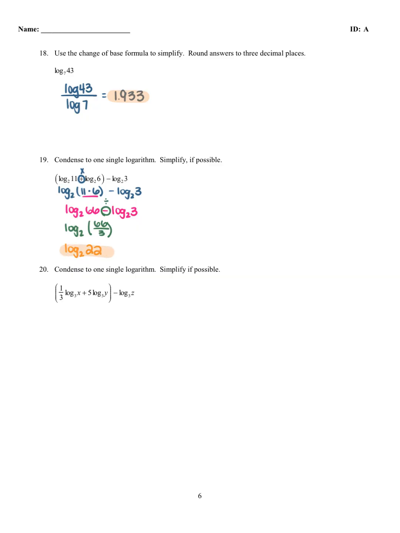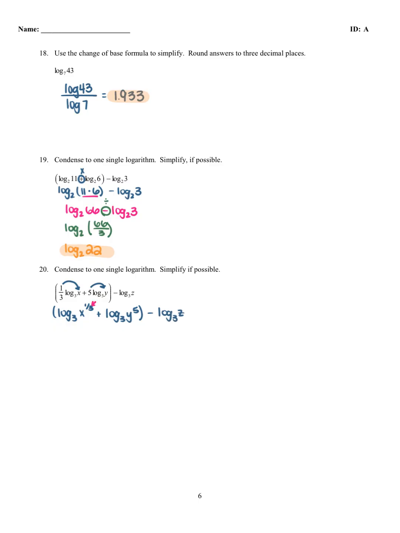For 20, you're doing the same thing, but now you have 1/3 times log 3 of x plus 5 times log 3 of y, all subtracted with log 3 of z. Your 1/3 is going to become the power on x, and the 5 becomes the power on y. So this will give you log 3 of x to the power of 1/3 plus log 3 of y to the 5th power minus log 3 of z.